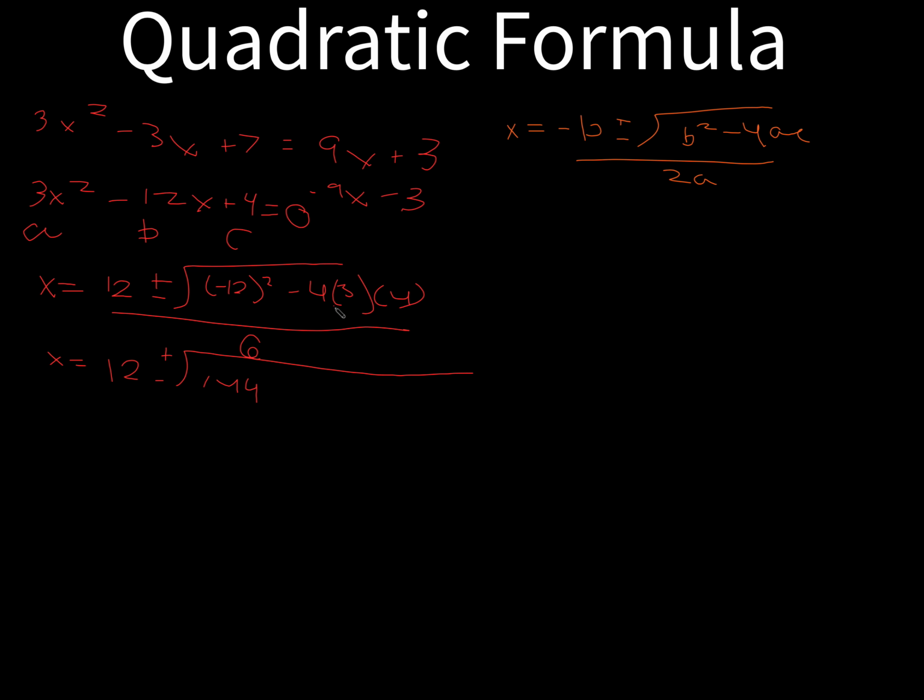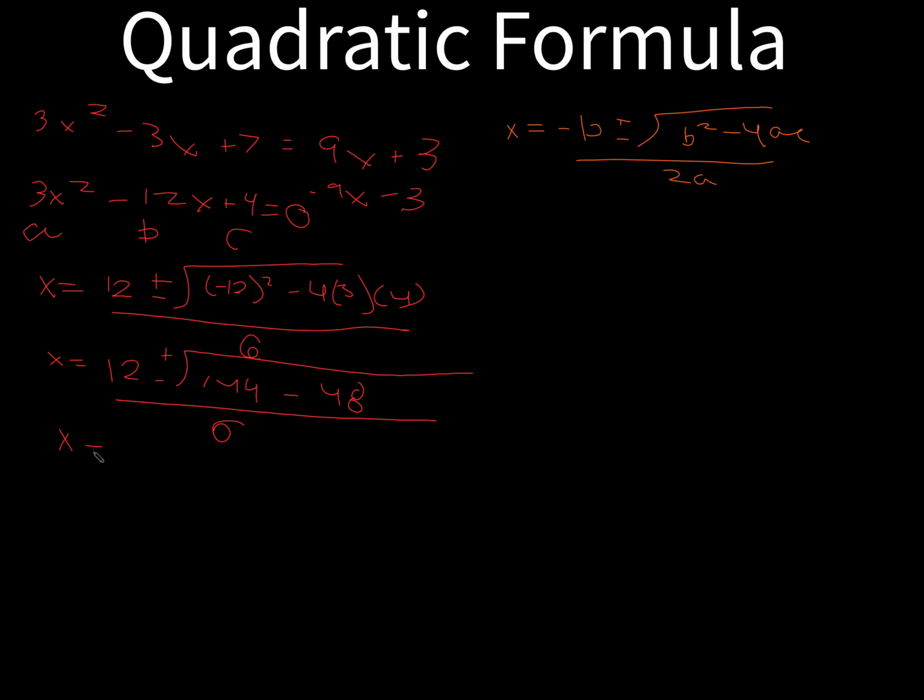Now we're going to do this next step all at once. So we're multiplying 4 times 3 times 4. If you want to do the 4 times 3 equals 12, and then multiply that by 4, if that's simpler for you, definitely do that. So we'll have 144 minus 48 here in the numerator, then the 6 on the bottom.